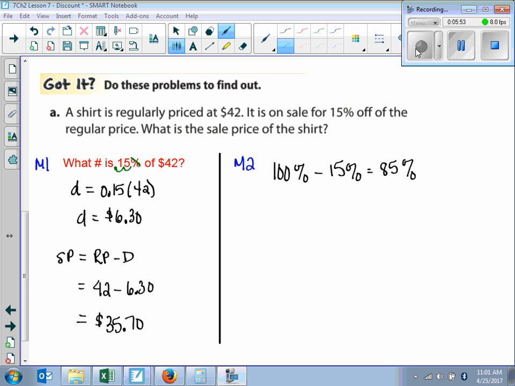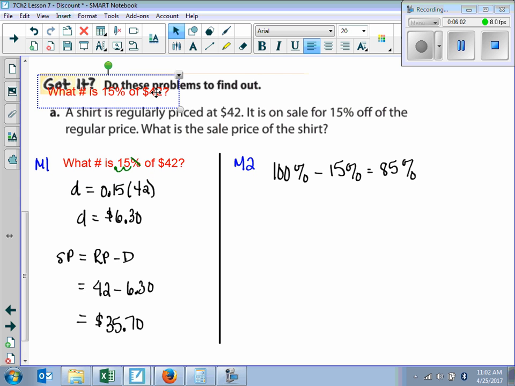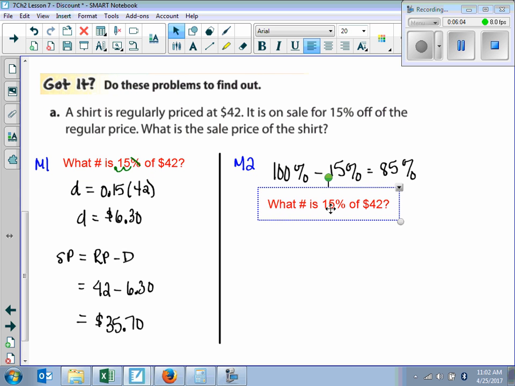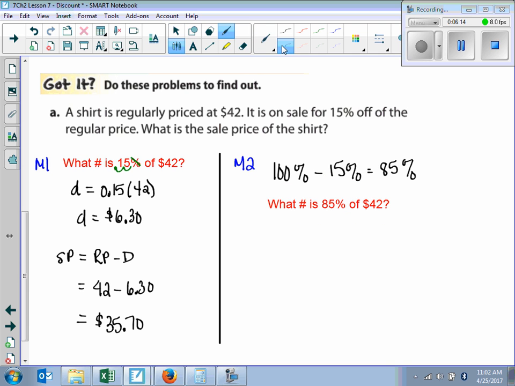So now we want to come up with our what number is question. So let's see. We want to know what number is 85% of $42, of the whole. Okay? So now that we have our what number is question, we can write our percent equation. So with method 2, we've already subtracted out the discount, right?